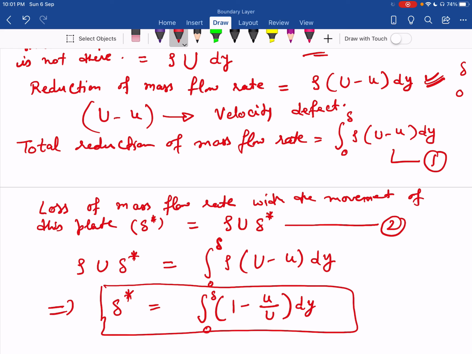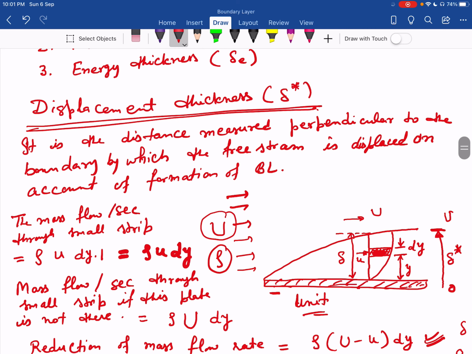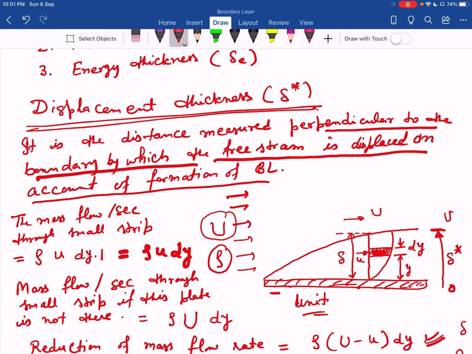You can see now the definition: it is the distance measured perpendicular to the boundary by which the free stream is displaced on account of the formation of boundary layer.